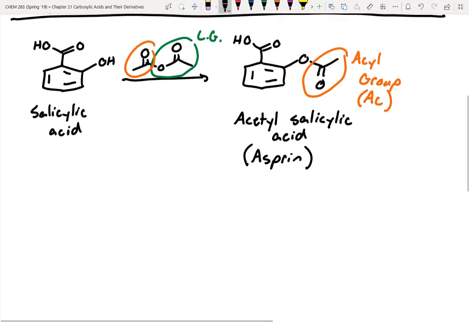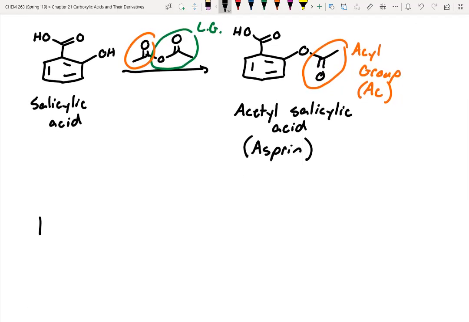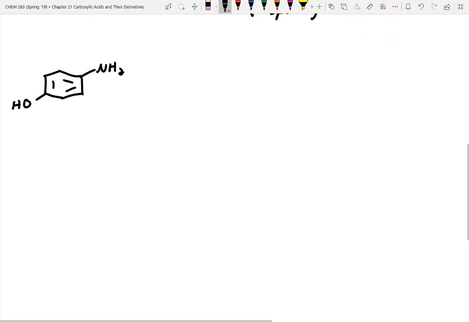All right, let's take another one. I think this might even be a better example. What would this starting material be called? So what's the parent?